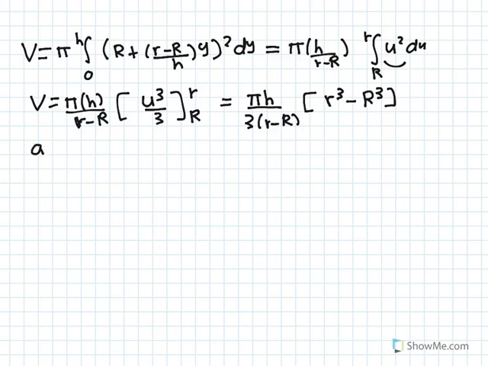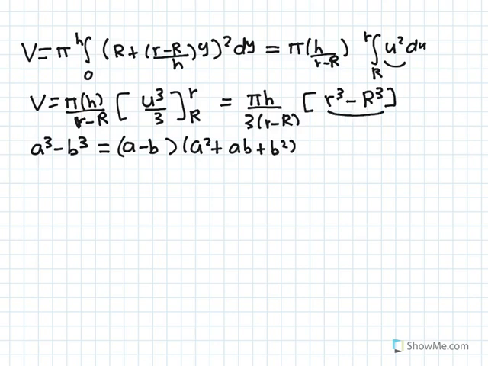The difference of cubes is a cubed minus b cubed is equal to a minus b times a squared plus ab plus b squared. So we can rewrite this part here, small r cubed minus capital R cubed, as small r minus capital R times small r squared plus small r times capital R plus capital R squared.